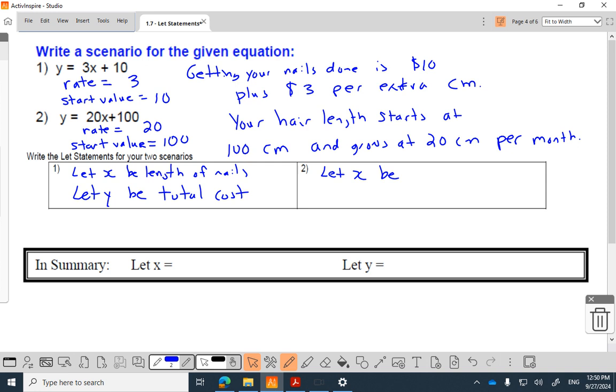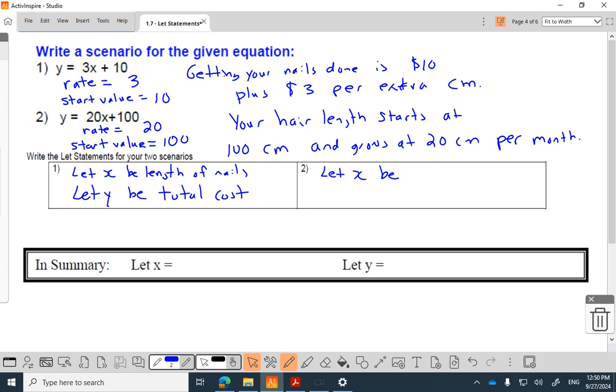What's the unknown here? I want to know my hair length. For sure you could use a ruler to measure it.